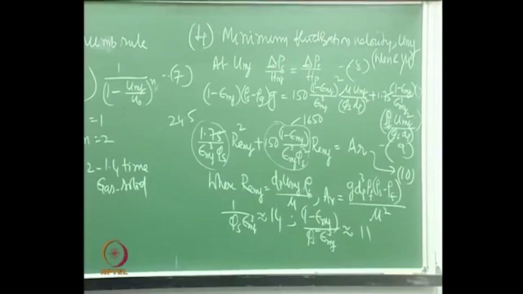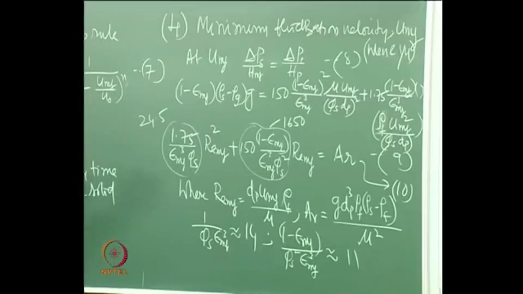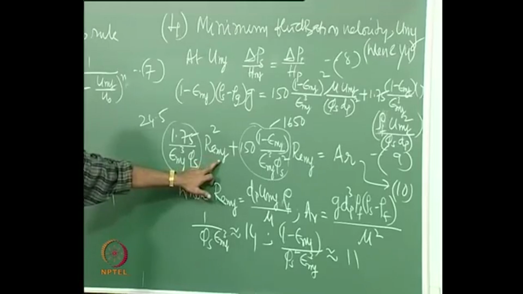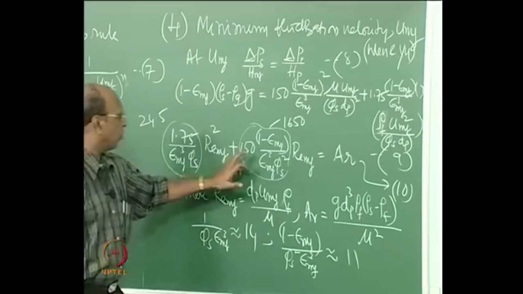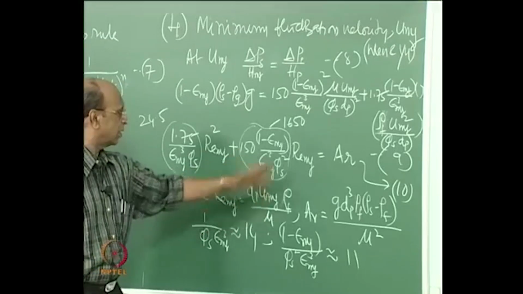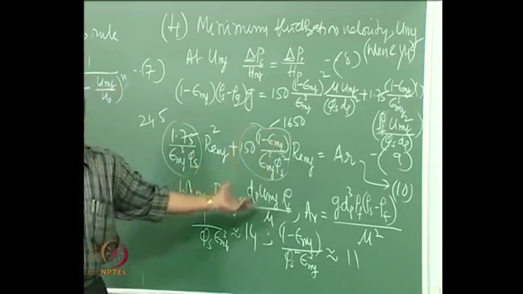Now that is a quadratic equation which you can easily solve. This is the constant 24.5 multiplied by RMF square, and 150 into 11, that is 1650.